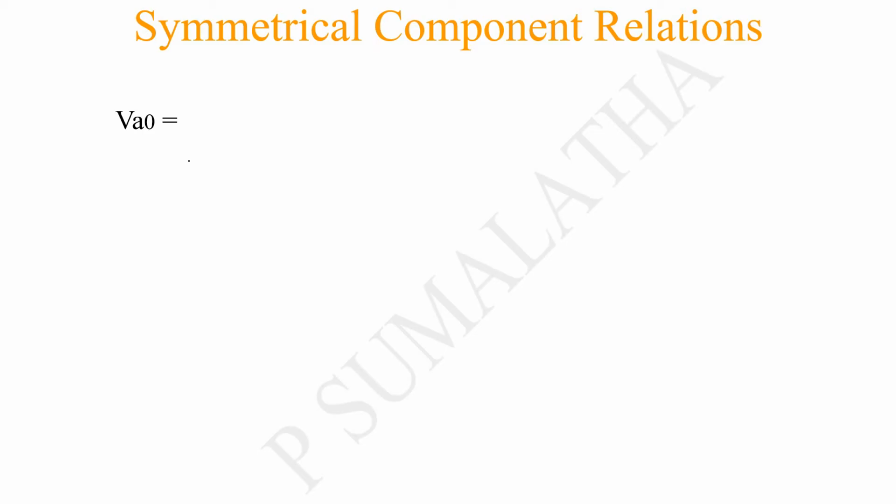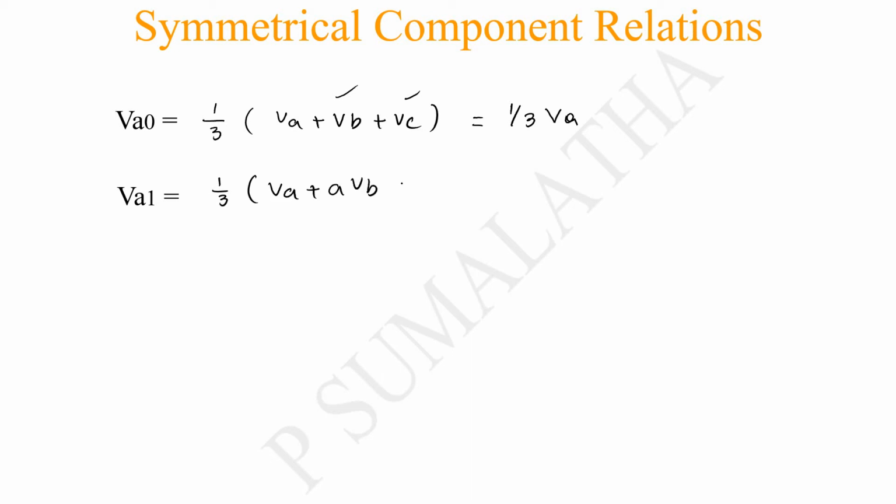VA naught is equal to 1 by 3 into VA plus VB plus VC, and we know VB and VC are equal to 0, so that is equal to 1 by 3 VA. Similarly, VA1 can be written as 1 by 3 times VA plus A into VB plus A square into VC, that is equal to 1 by 3 VA.